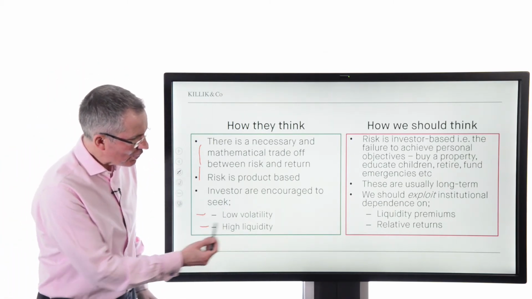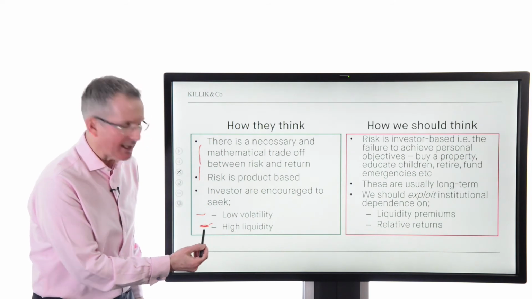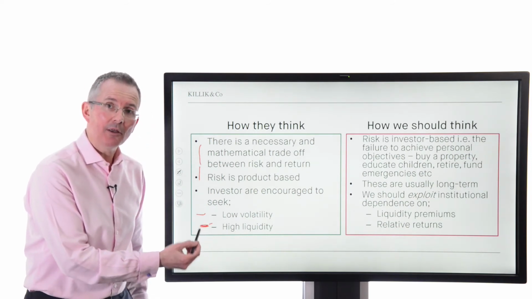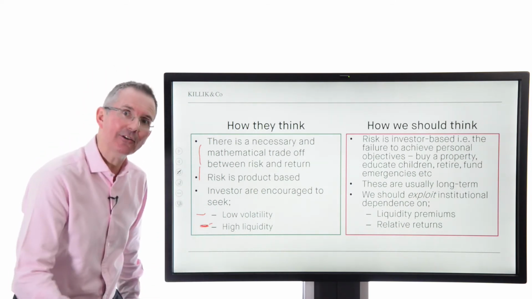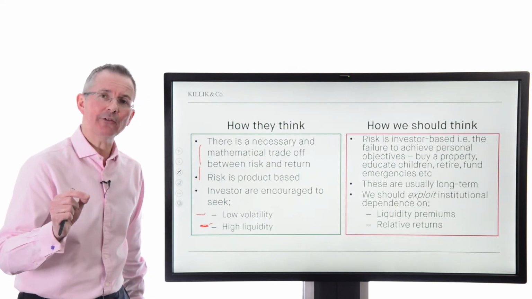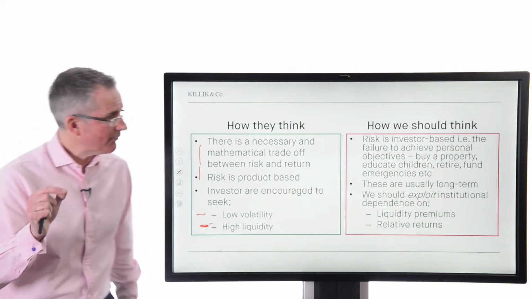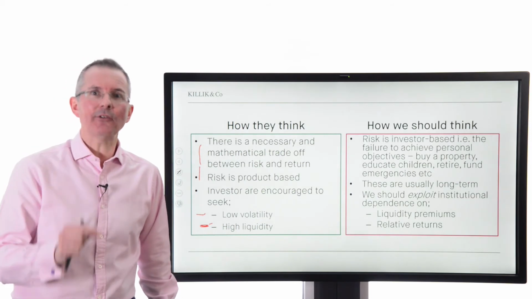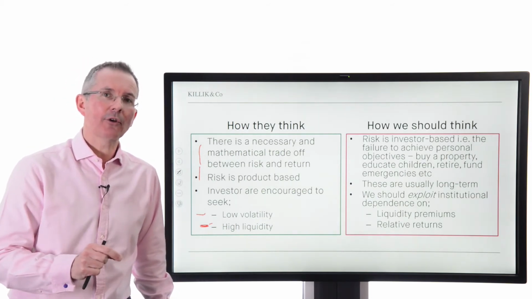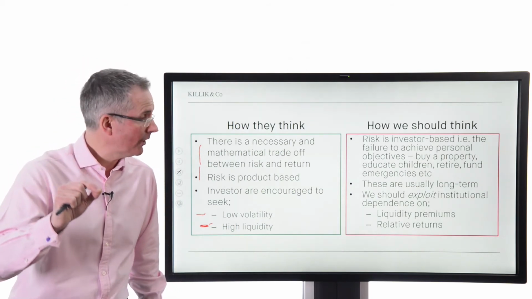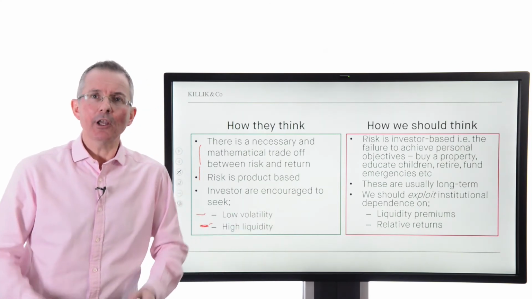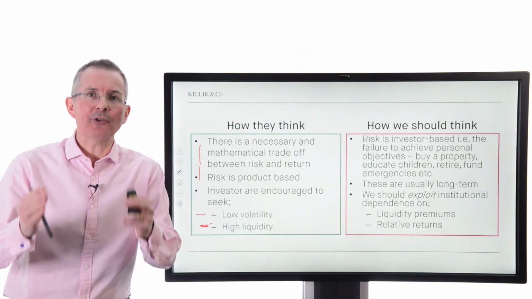Institutional investors need liquidity. If you're running a fund, you've got to make sure you've got the money available if you get a rush for the exit, as it's called. But as a long-term retail investor, you don't. You can exploit, if you like, that sort of illiquidity that fund investors or institutional investors can't. And relative returns. Institutional managers are obsessed by benchmarks.